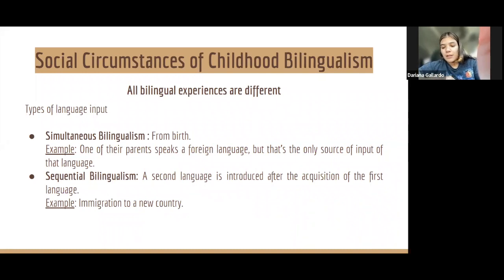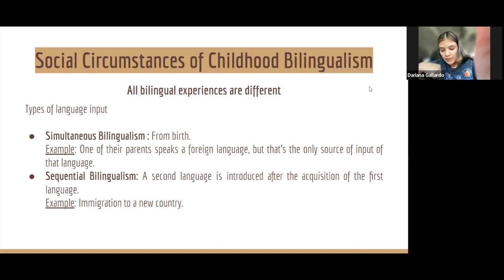Then there is sequential bilingualism. And this happens when a second language is introduced after the acquisition of the first language. For example, immigrating to a new country. I'll put myself as an example. I grew up in Tijuana, and the only language we spoke at home was Spanish. And when I was 14, I came to the United States with my family, and I had to learn English at school and with society.